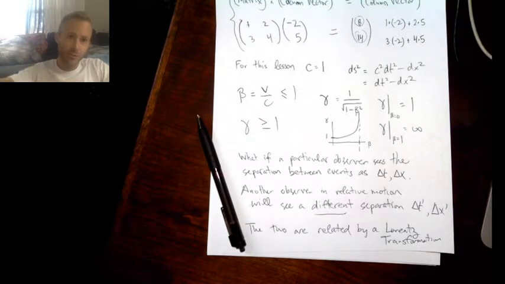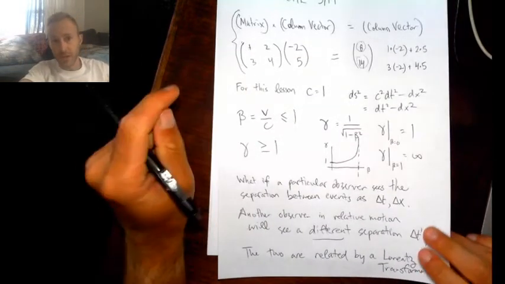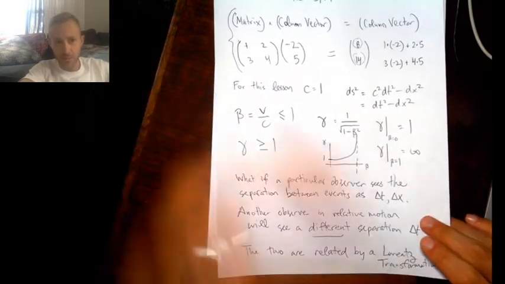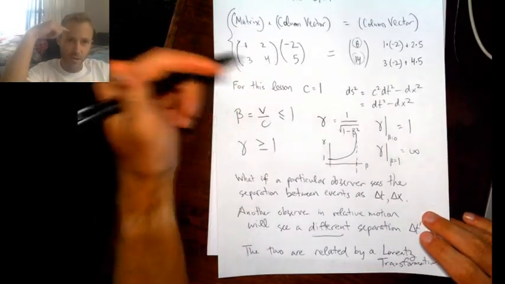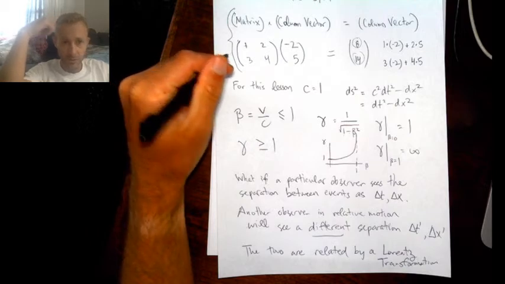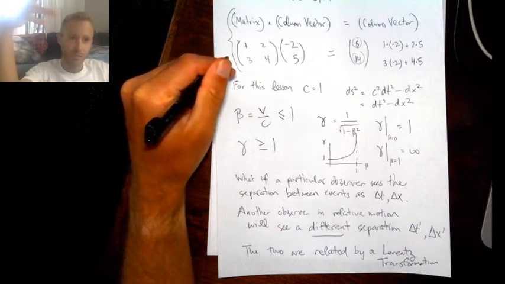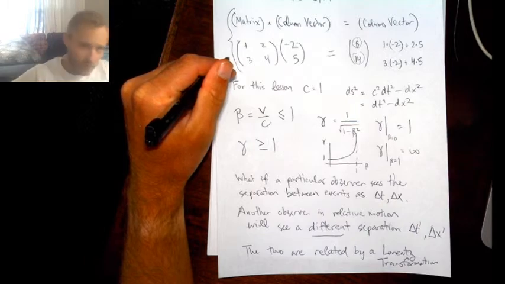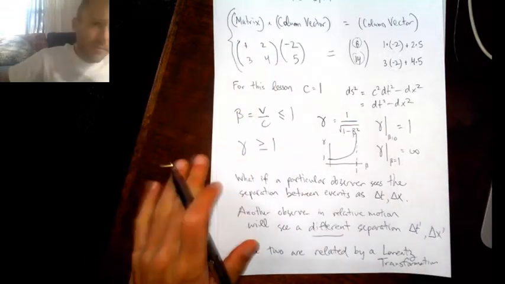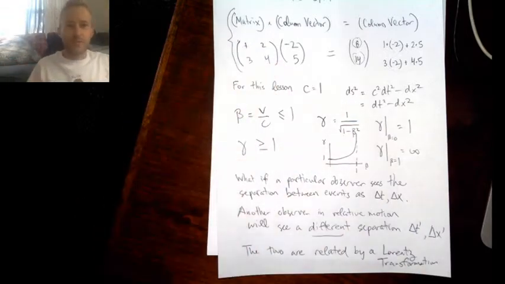But really the easiest way to remember it is to think about it in terms of a matrix multiplication. So that's why I taught you about matrix multiplication, because you can memorize the matrix for Lorentz transformations really easily because it's a very symmetrical matrix. So I've found that it's easiest to do it this way.